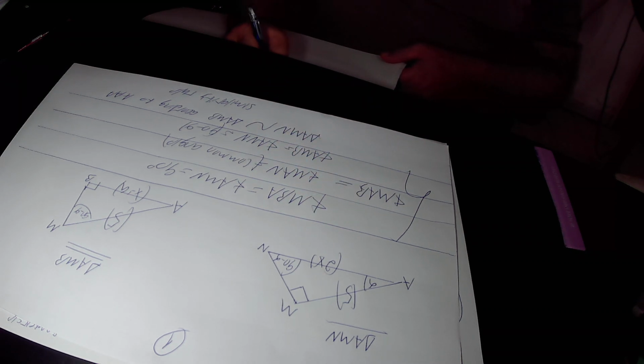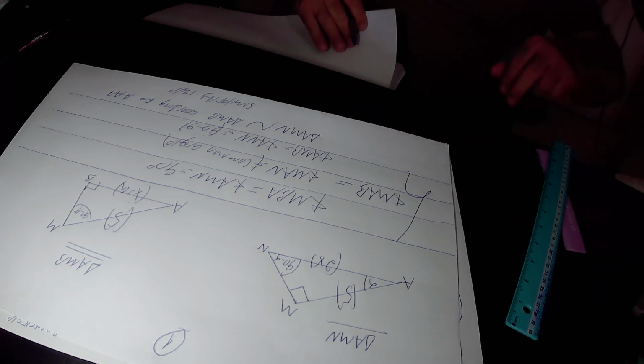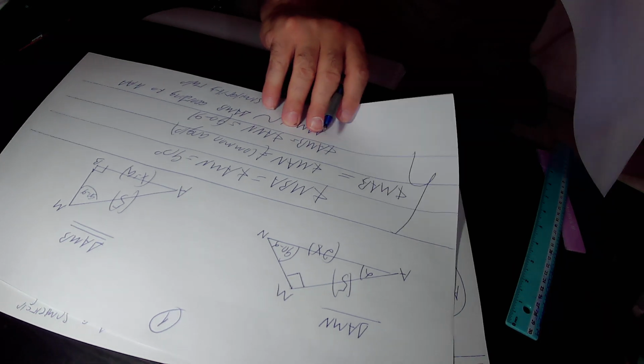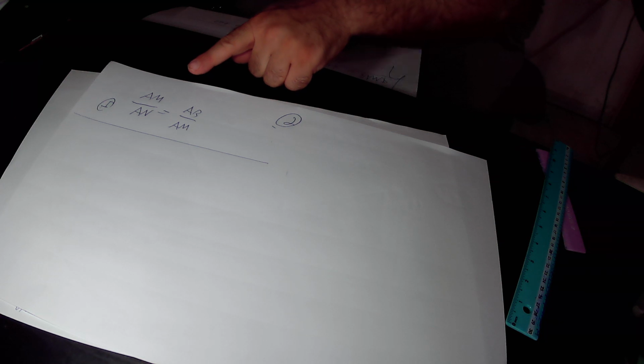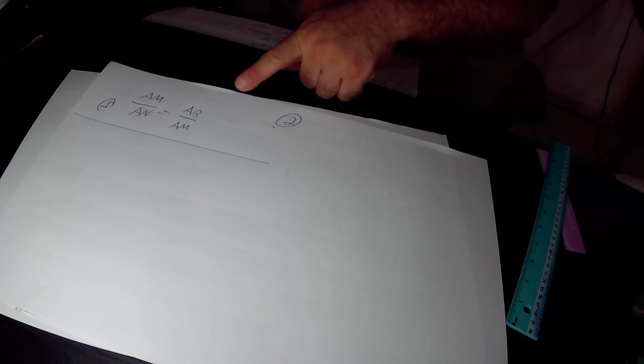So repeat again: we will derive that side AM of the right triangle AMB over side NA of the right triangle AMN equals side AB of the right triangle AMB over side AM of the right triangle AMN.